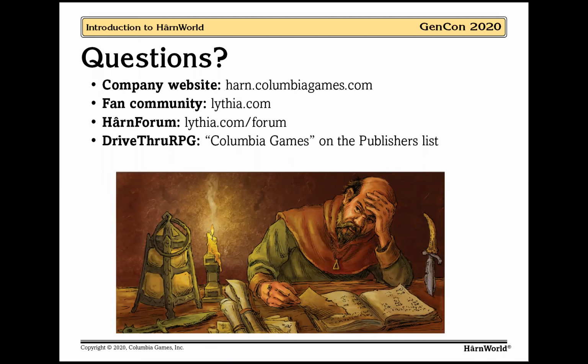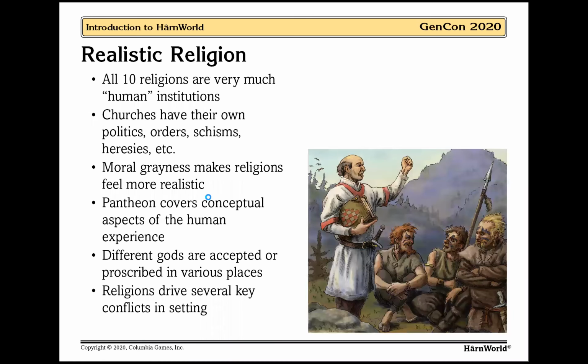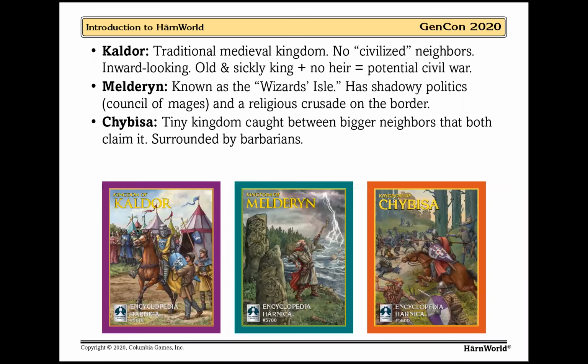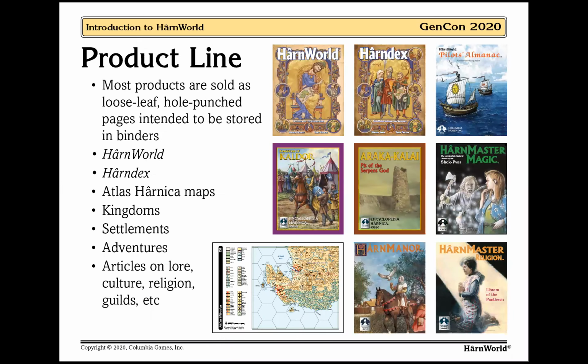And how people have used the different products in different ways. One thing I didn't talk about when we were talking about the product line, I'm going to jump back real quick to that. Most of the HârnWorld products are sold in print and as PDF. And in print, almost everything is done as loose leaf pages, and they're hole punched for you to put in your 3-ring binder.